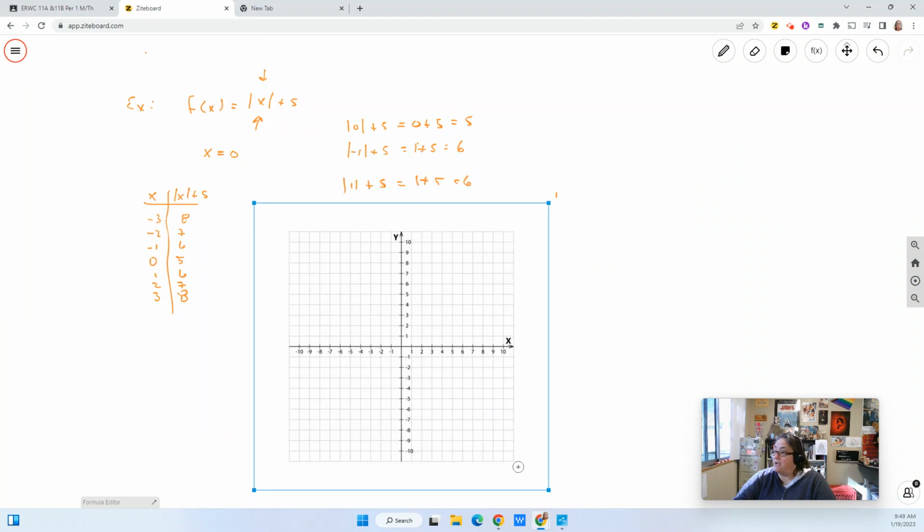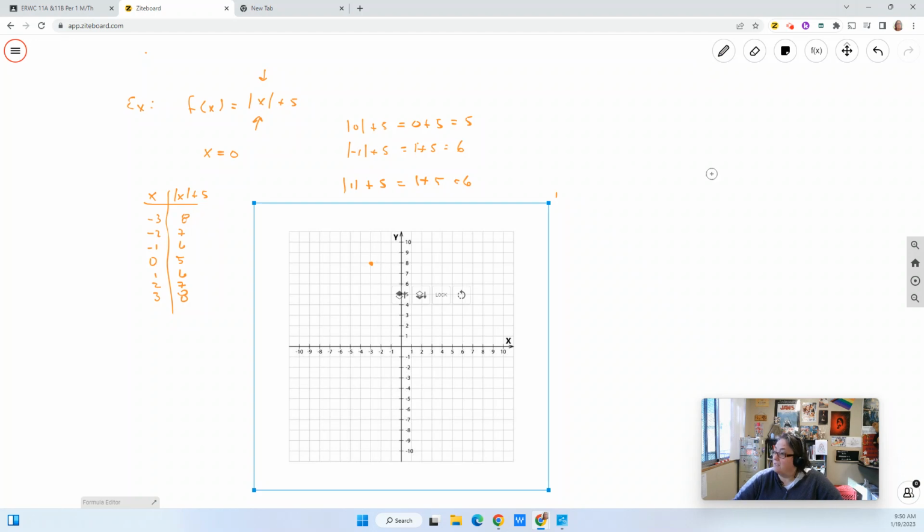So when I look at this graph and I plot the points on it, I have a point at -3, 8, I have a point at -2, 7, but I somehow turned my pen off. -2, 7.